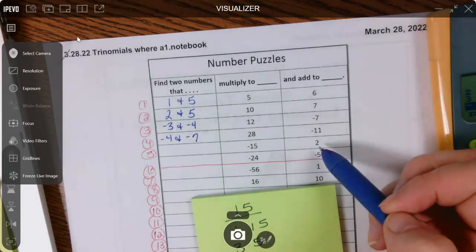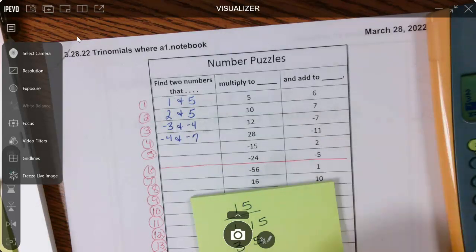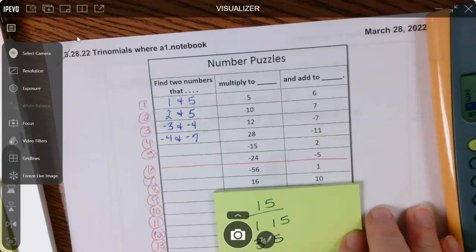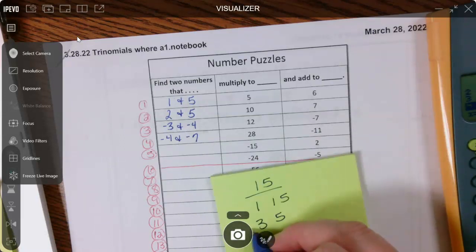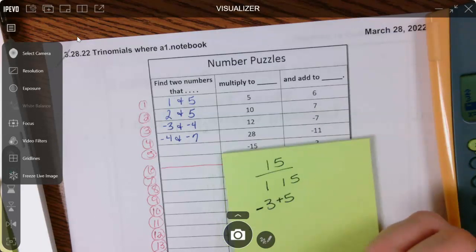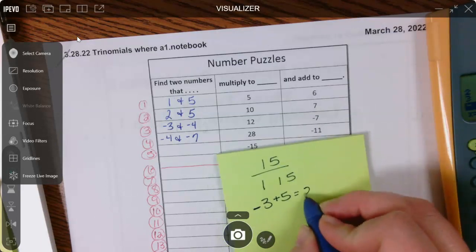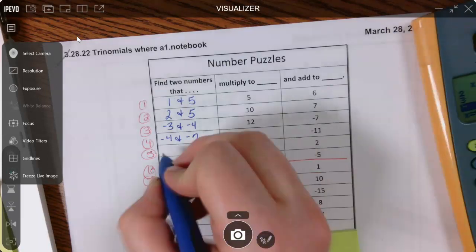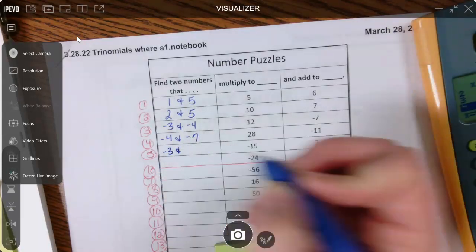And then they add to give you 2. Well, I'm automatically drawn to 3 and 5. We want it to add to give us 2, so if we make this 3 negative and this 5 positive, negative 3 plus 5 gives me 2, and that's what we want. So that was negative 3 and a positive 5.